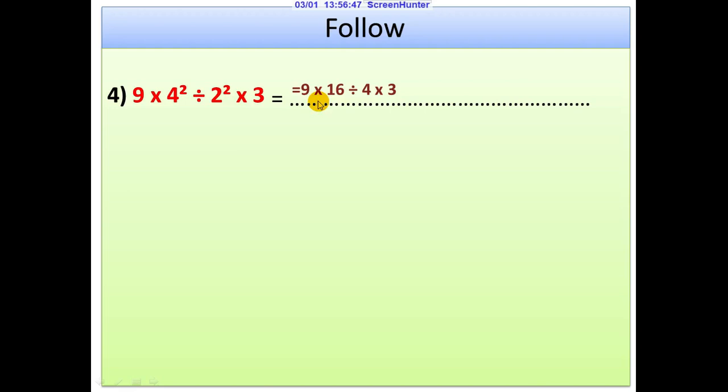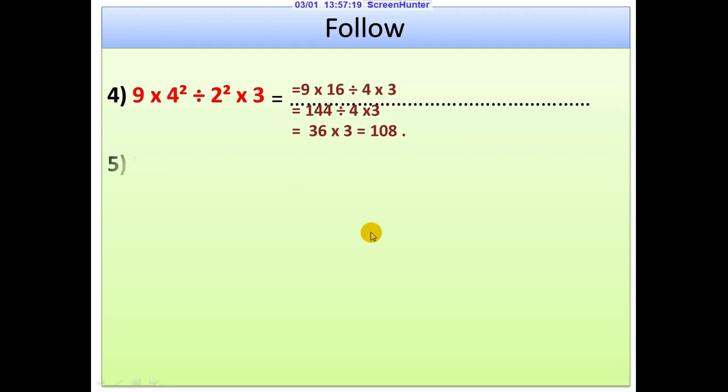So we multiply 9 by 16, it will be equal to 144 divided by 4 times 3 as it is. Now we have divide and multiplying, so we must do the division operation because we have division first from left to right-hand side. So we divide 144 by 4. It will be equal to 36 times 3, finally equal to 108.